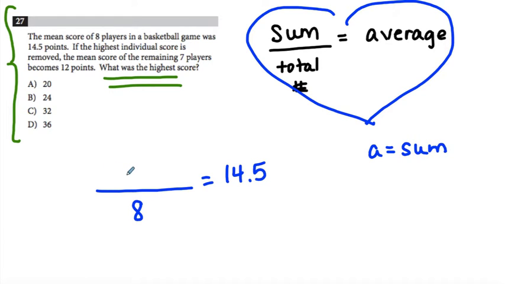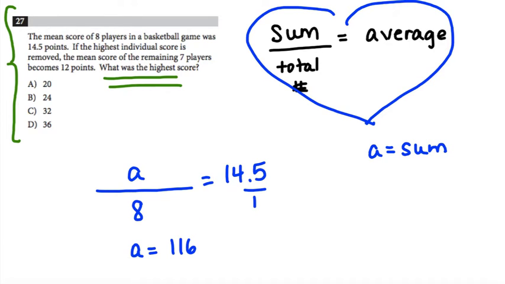So A is equal to, I can cross multiply because again, that's a proportion, 14.5 times 8. So 116. So I know the sum of the scores of the first 8 players is 116.